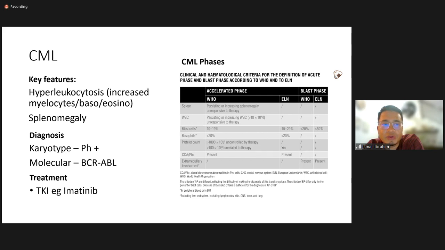Recently, we have diagnosed a patient who has CML, but unfortunately transformed to acute myeloid leukemia, as we can see based on these CML phases. So it can be a chronic myeloid leukemia in chronic phase, or it can progress into accelerated phase or even blast phase. Very much depends on the patient's blast number appearing in the blood film or in the bone marrow.